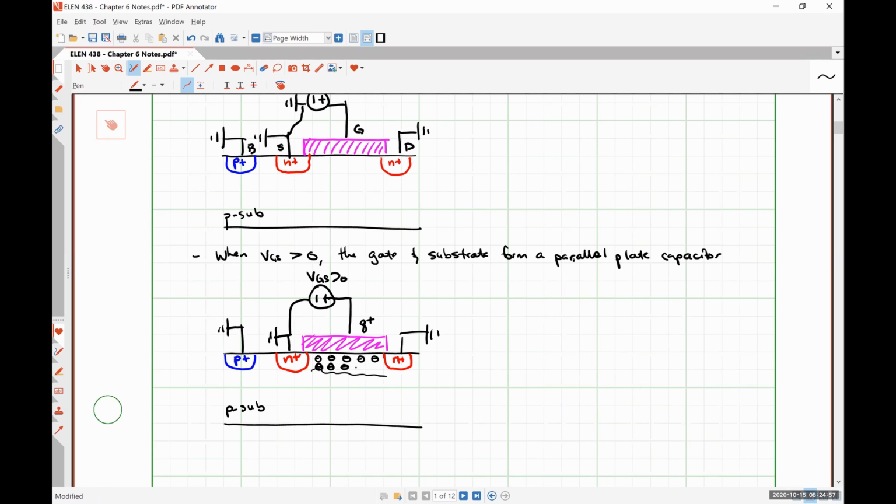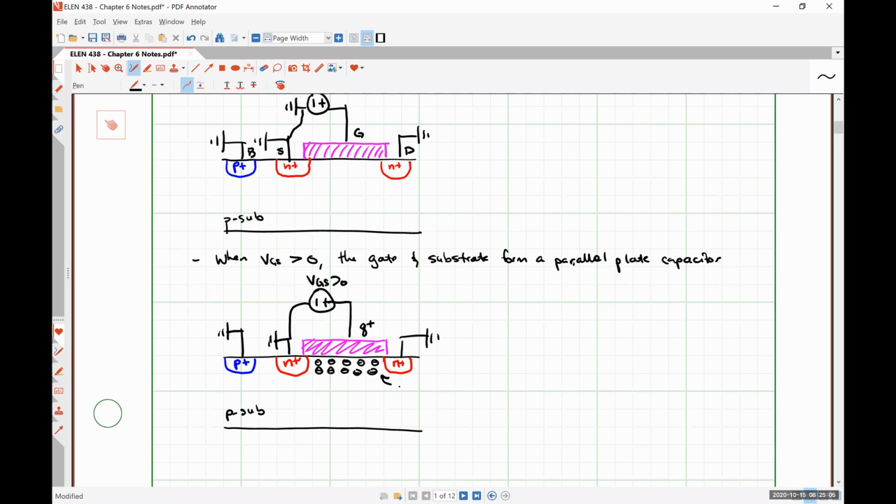And the total charge that's left underneath the gate is going to exactly match the total positive charge accumulated on the gate.